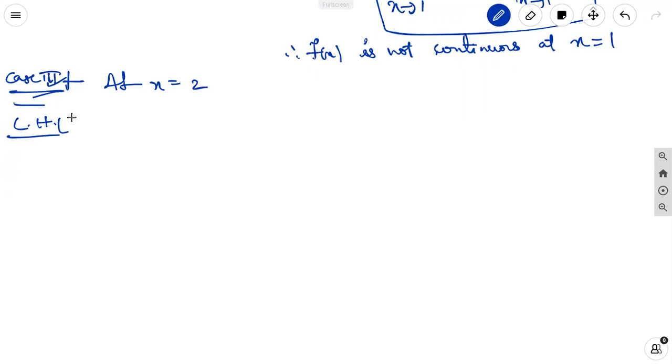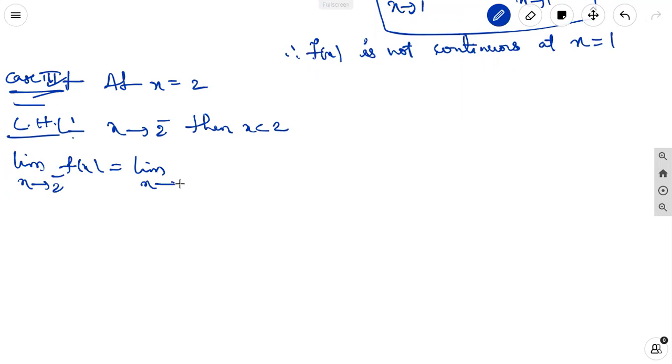LHL, left hand limit, x tends to 2 minus, then x is less than 2. So limit x tends to 2 minus f of x, for x less than 2 the value is 4x square minus 9.